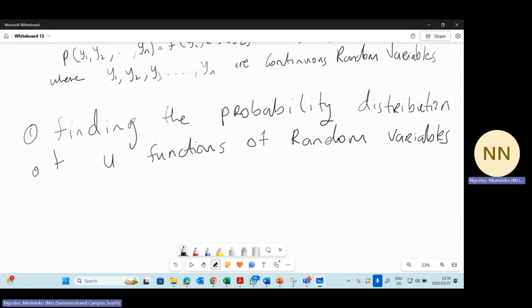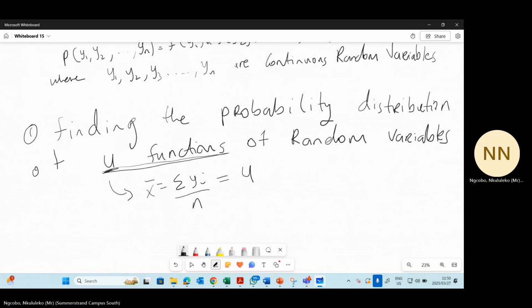Where U is a statistic function from the sample, like an example of it will be your x bar equal to the summation of yi divided by n, right? So this could be your U. So these are functions.